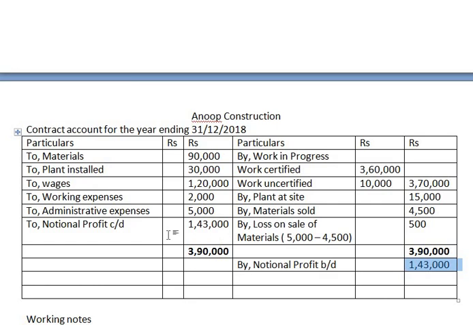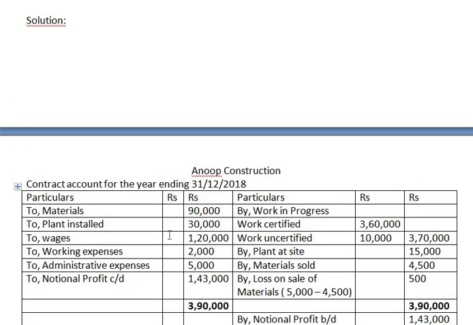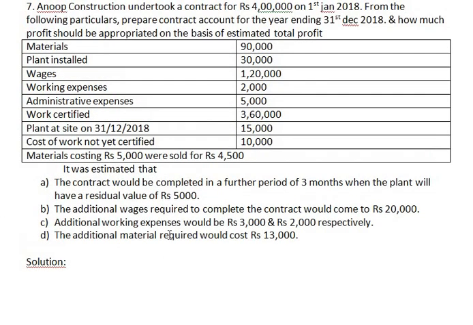Now we need to find out what percentage of work is completed. But here they have given us estimated information. It was estimated, which means whatever information they have given is for an addition of 3 months. The contract was for 1 year, and it is going to extend for 3 months.